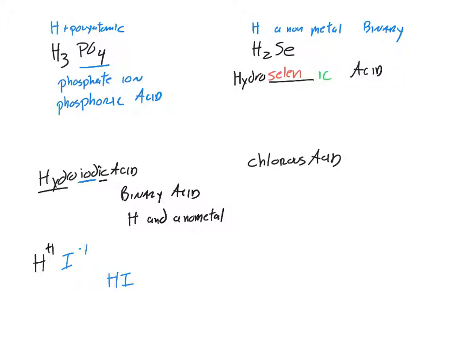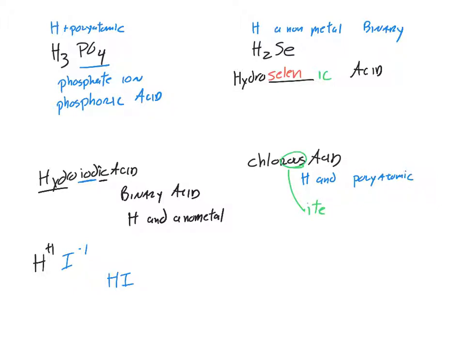Chlorous acid, I see, does not have hydro, so that tells me that it is hydrogen and a polyatomic. The suffix -ous tells me that it's one less oxygen than the chlorate, so it tells me that it's the ite form of the ion.